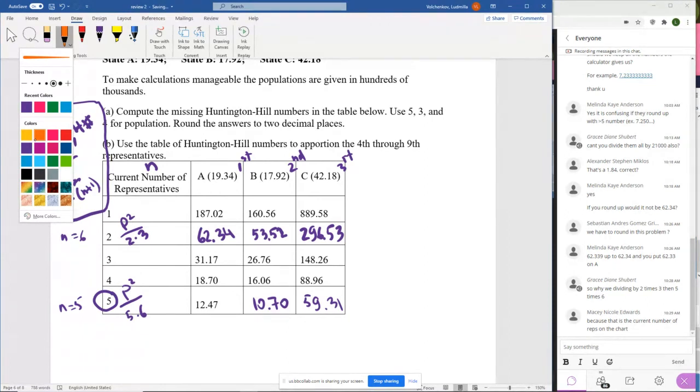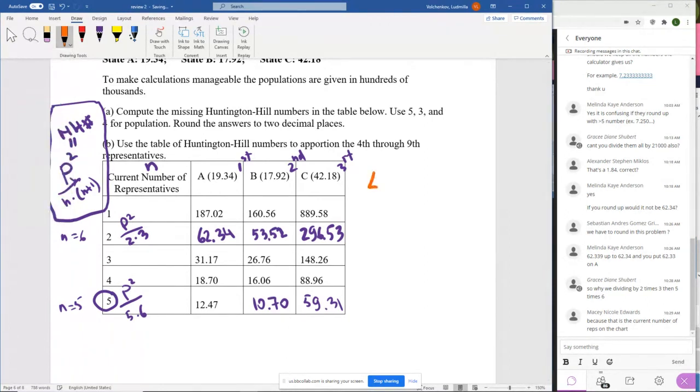Okay, so the fourth, and you will have to type them in this order. The fourth goes to the state with the greatest Huntington-Hill number. You look at the top line, the greatest is 889.